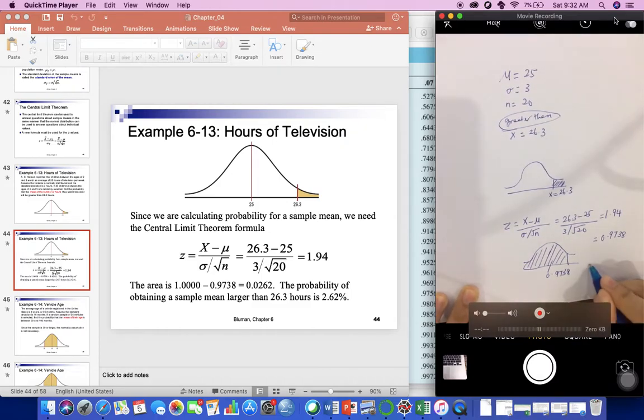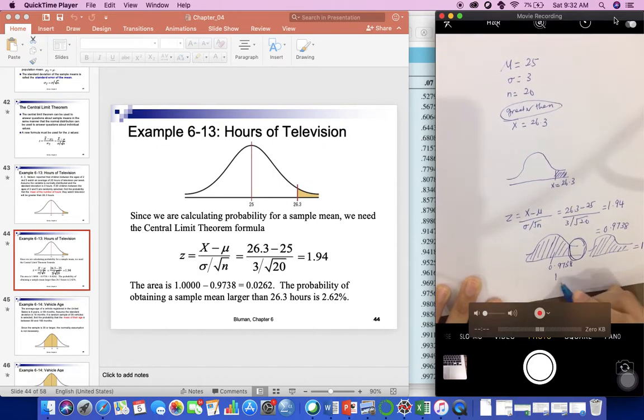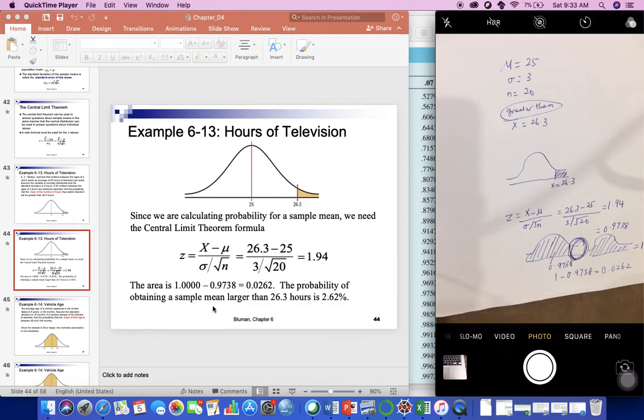We know that the full normal distribution area is equal to 1. We want to know the area to the right, so take 1 minus 0.9738. You get the answer for this area, which is 0.0262. So you can say that the probability of obtaining a sample mean larger than 26.3 hours is 2.62%.